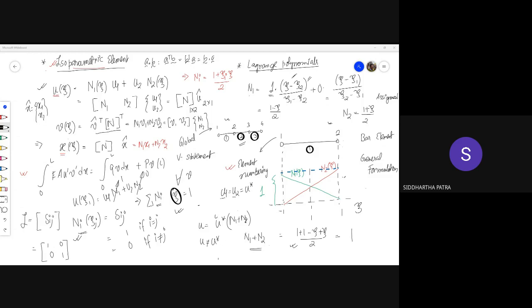Currently, with this summation to be true, that summation Ni equals 1, what we can ensure is that if by solution we get u1 equals u2, that means that the bar element is having a rigid body motion. That means this could be a problem in dynamics as well, where the bar is experiencing a rigid body motion.